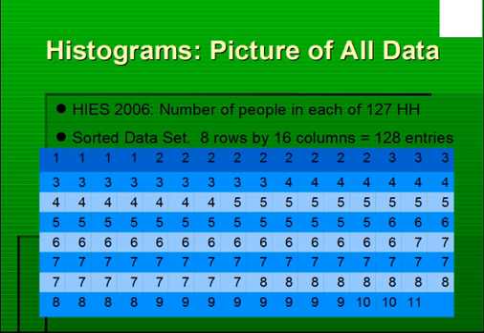These numbers have been sorted, so you can see that the first 4 numbers are 1, which means that 4 of the households have 1 person in them, and then the next 8 households have 2, so there are 8 households with 2 people each, and so on. This data we've already seen before, and basically the histogram graphs for each number the number of households which have that number of people in them.